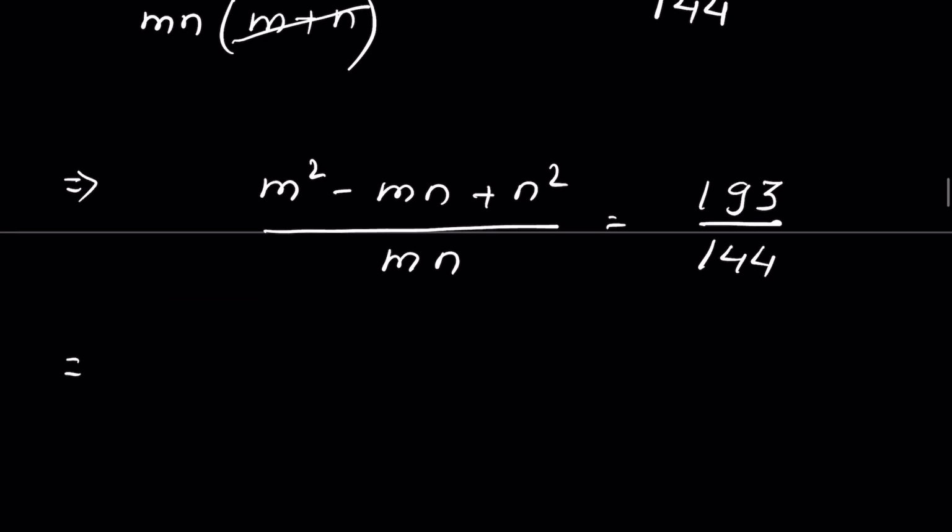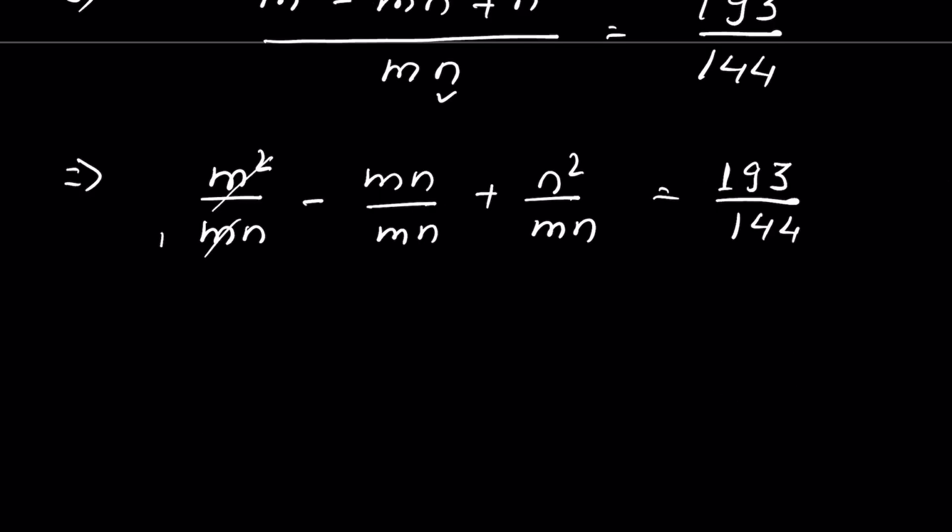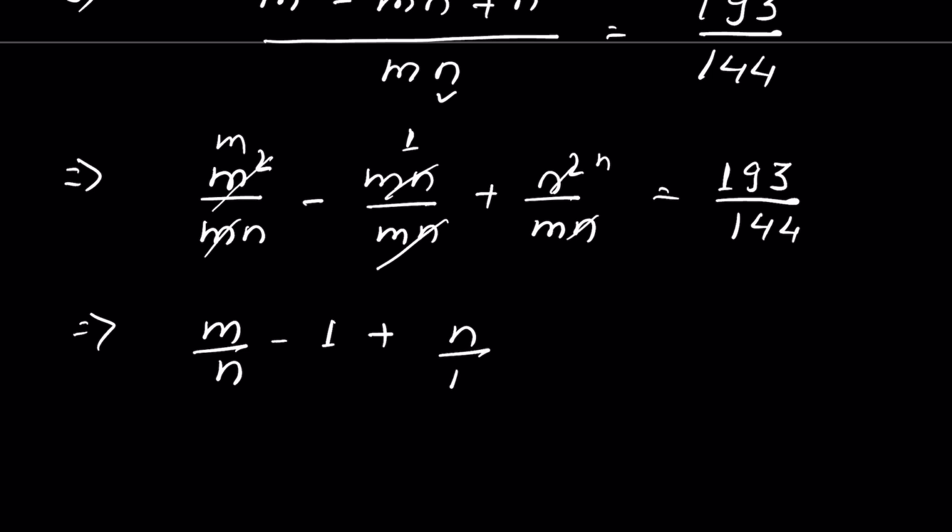Now mn is the common denominator, so we can write m square upon mn minus mn upon mn plus n square upon mn is equal to 193 upon 144. Now here mn gets cancelled, we have m upon n minus 1 plus n upon m is equal to 193 upon 144.